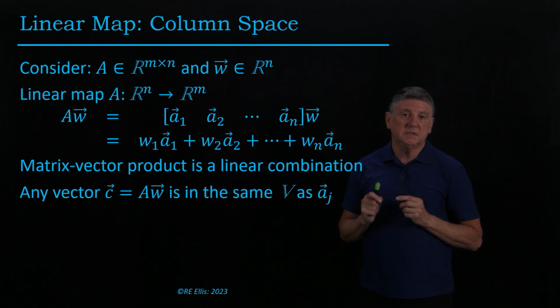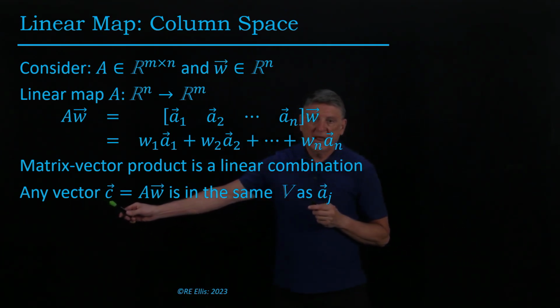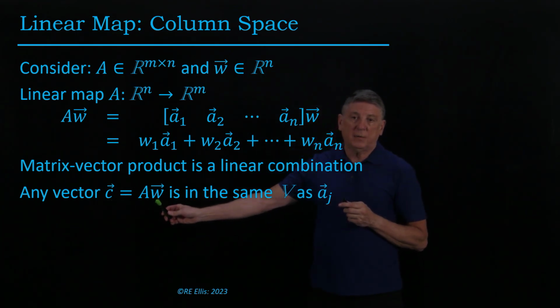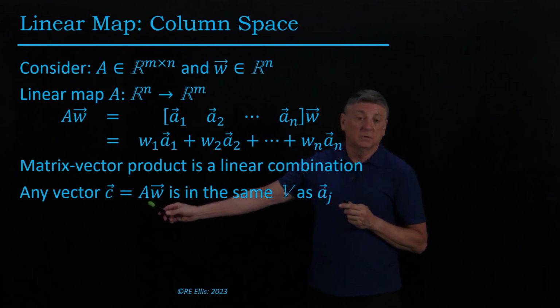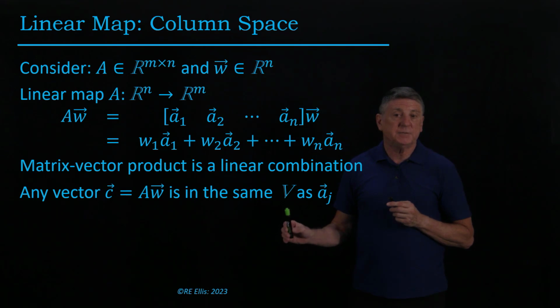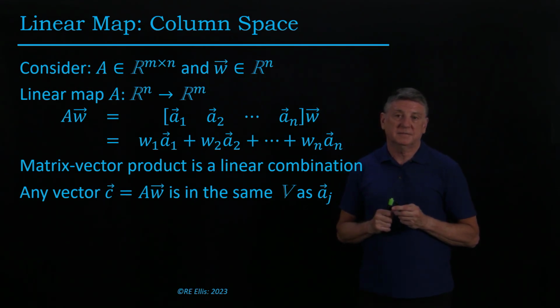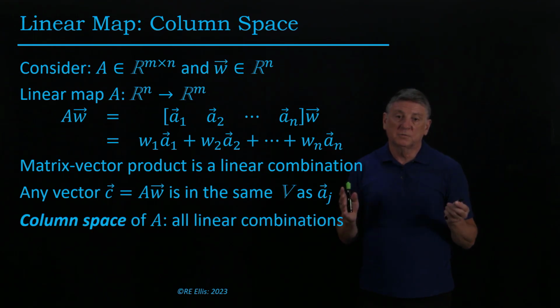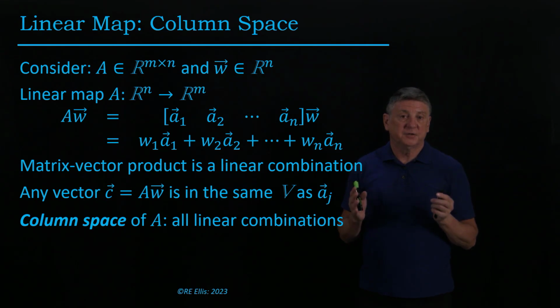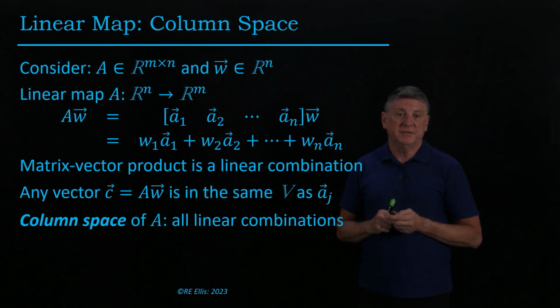What that means is that this result C here has to be a weighted sum, a linear combination of the columns of the matrix A. And that means that the vector C has to be in the same vector space as the columns of the matrix. The column space of A we can interpret as the vectors that are all possible linear combinations of the columns of the matrix.